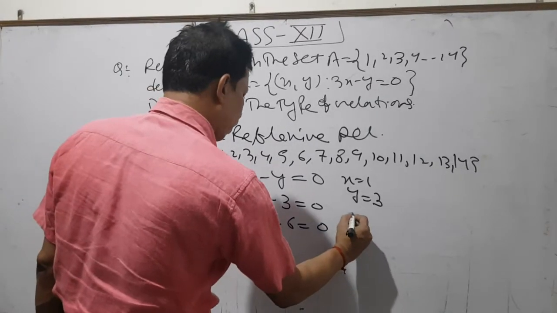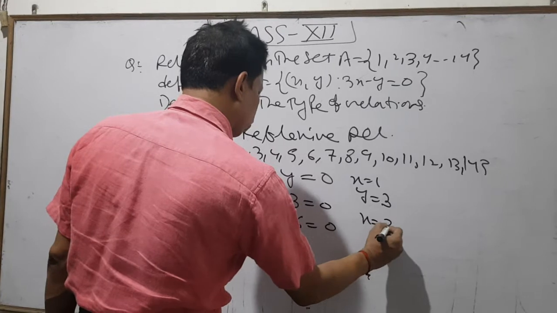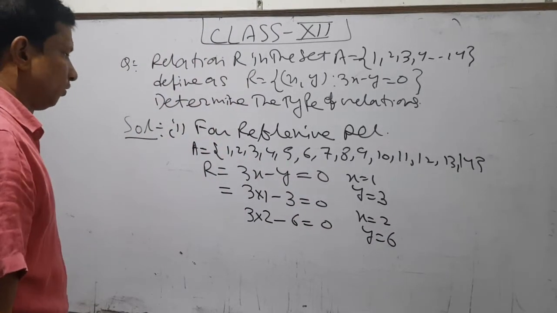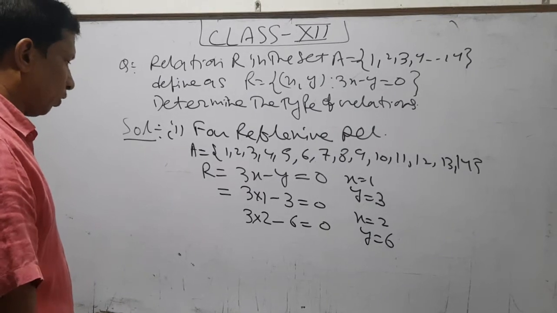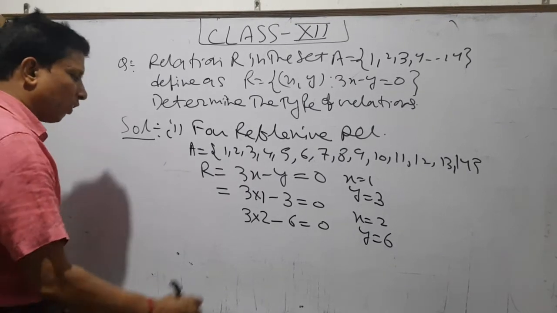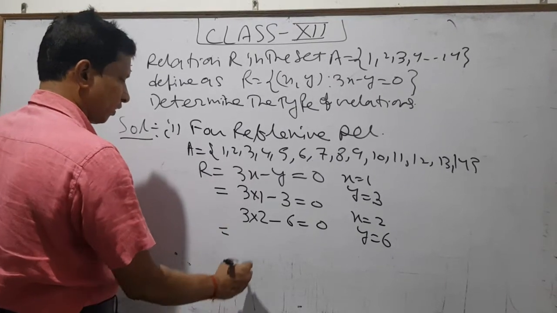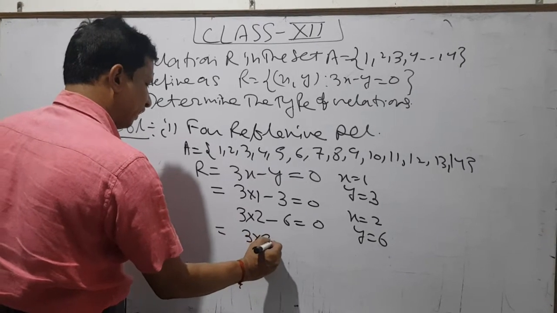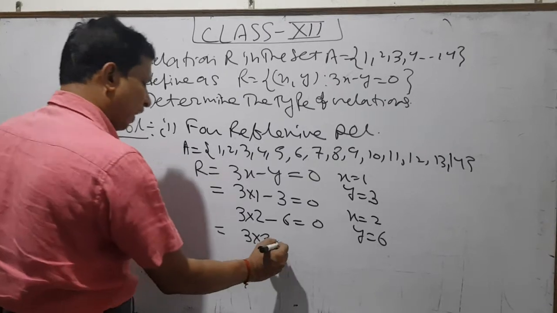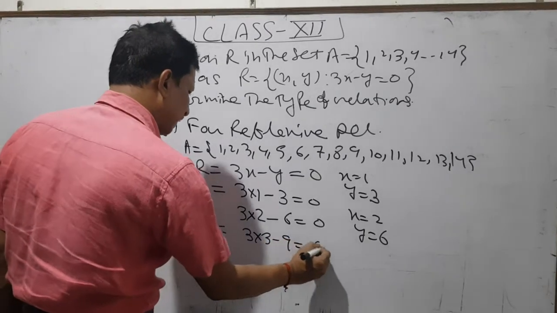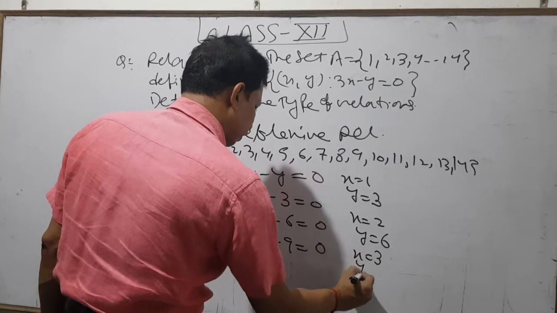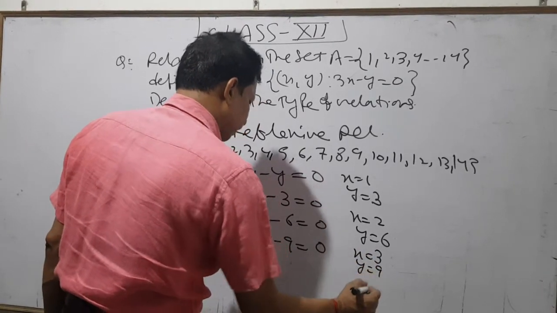Here the value of x is 2 and y is 6. Next one, x is 3 and y is 9 and the answer is 0.